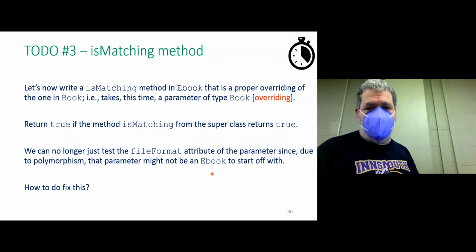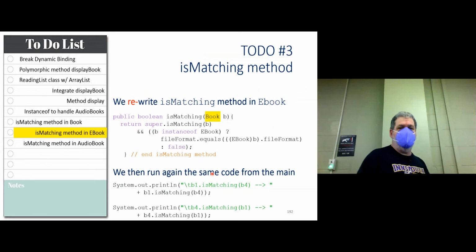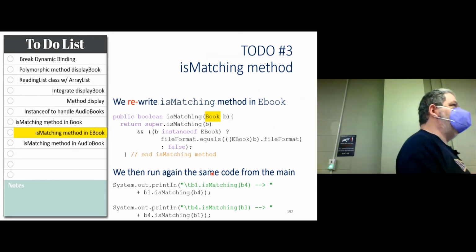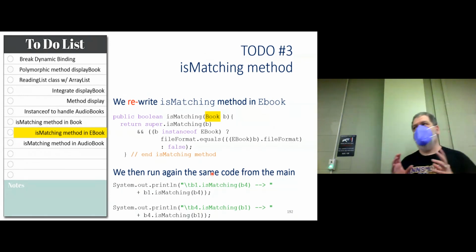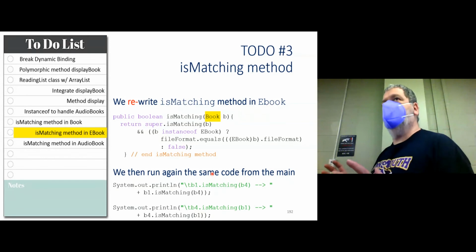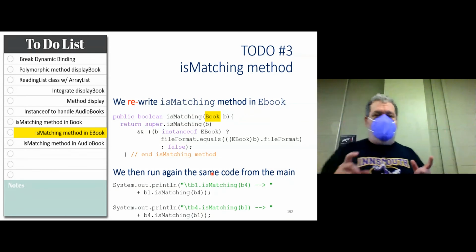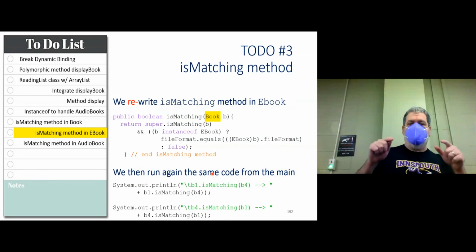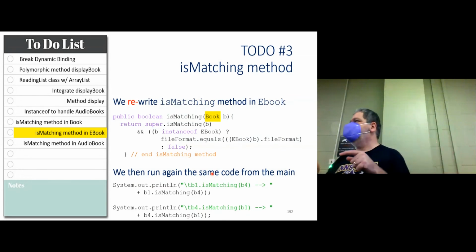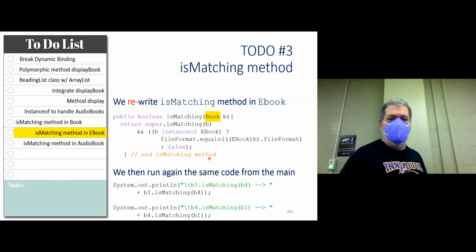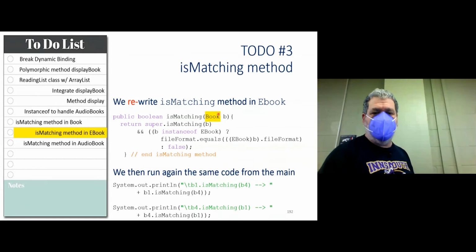So how are we going to make that work? Well, again, it's not about writing a lot of code. It's about really understanding how Java works. boolean isMatching(Book b), and that's going to be in the class Ebook. Okay? So the main difference is that we take a Book as parameter.